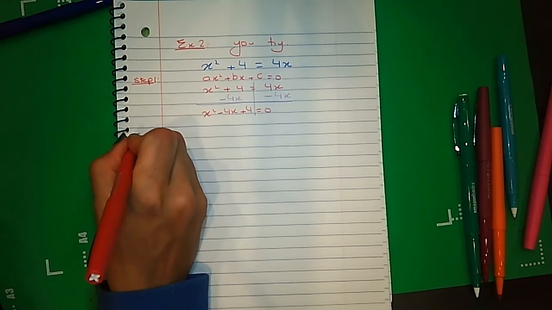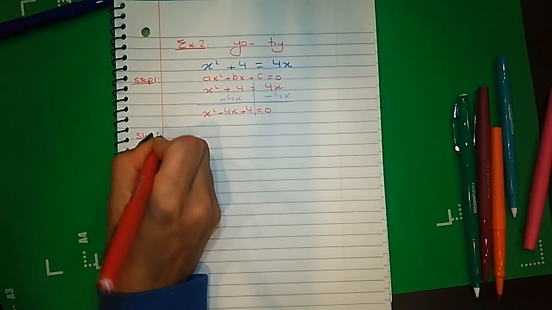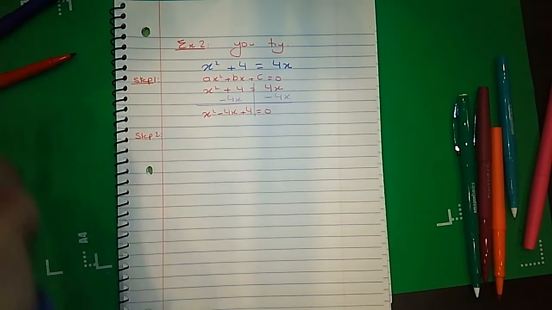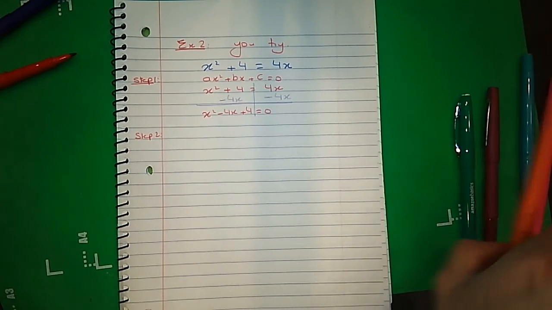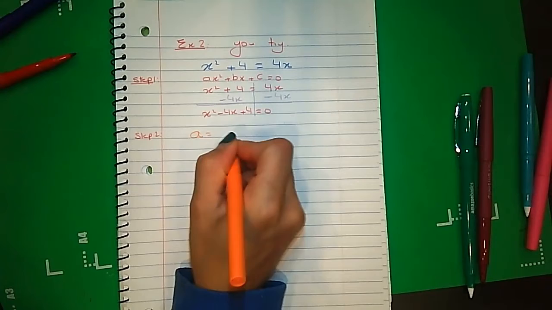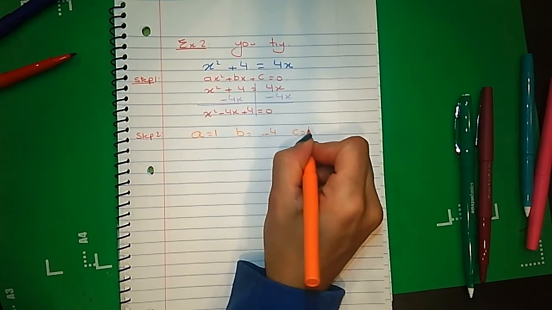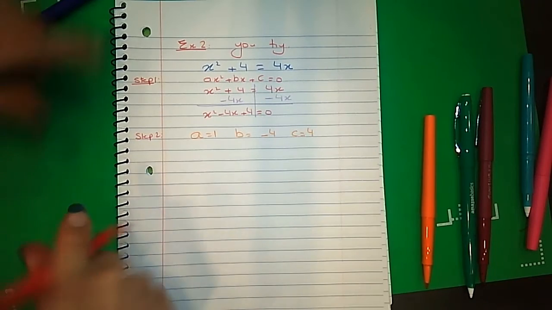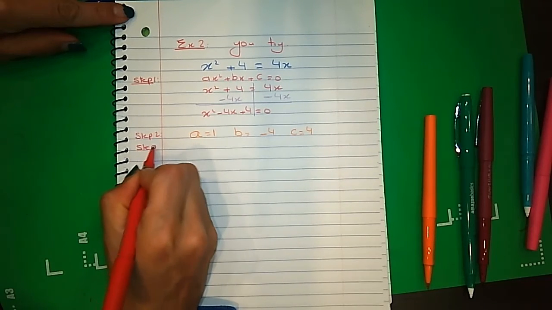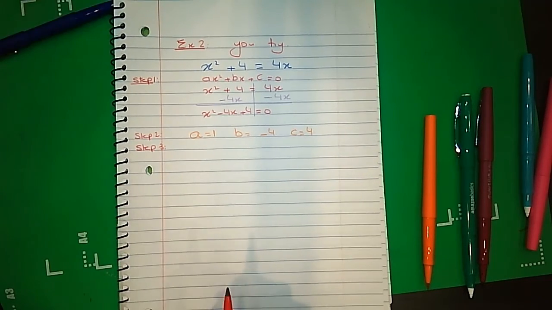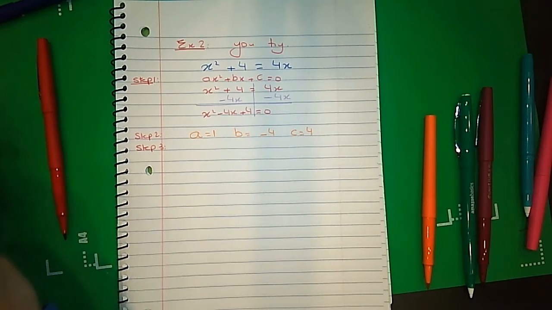Alright, perfect. Now step 2, let me identify a is 1, b is negative 4, and c is 4. Step 3, let me find the discriminant.